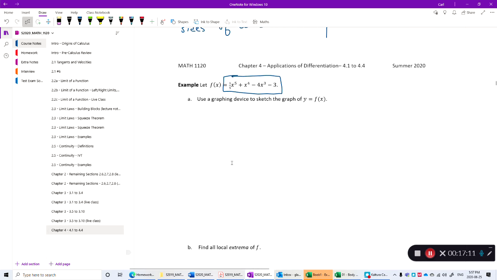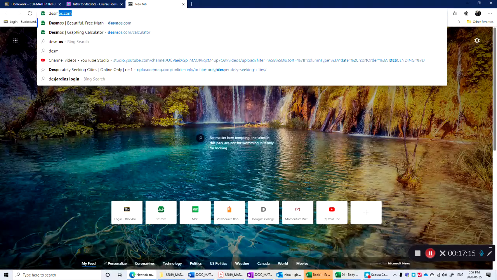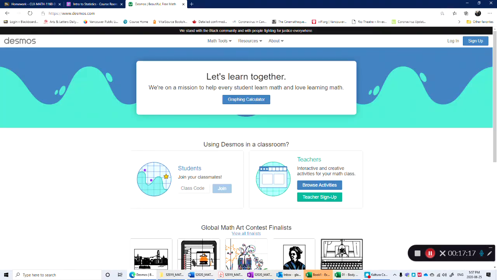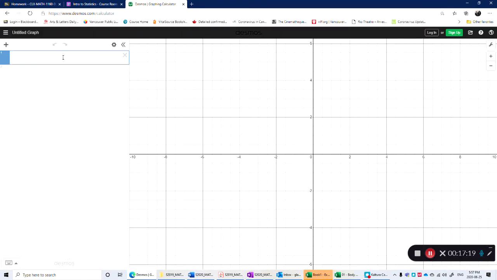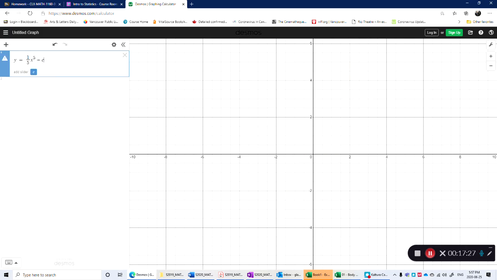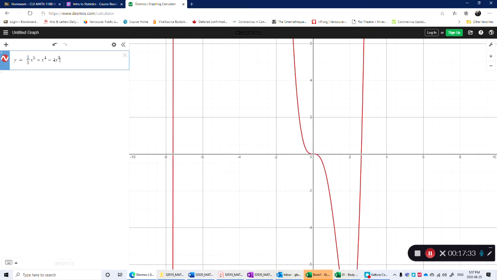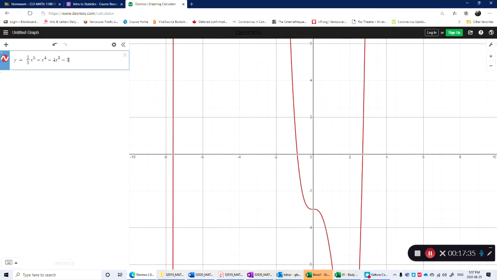Okay, so let's make a graph with our favorite graphing website. So y equals 1/5 x to the 5th plus x to the 4th minus 4x cubed minus 3.